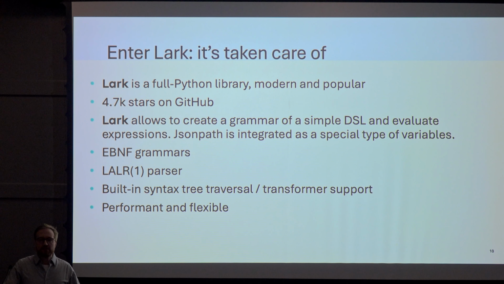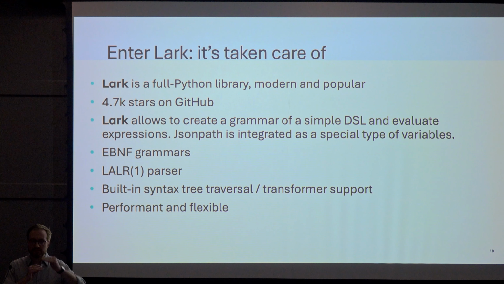So Lark. Lark is a fully Python-implemented library. It has thousands of stars on GitHub. It's very well maintained, and it allows you to create a grammar using a sort of DSL for describing grammars. So you don't actually have to write any code to create a language.